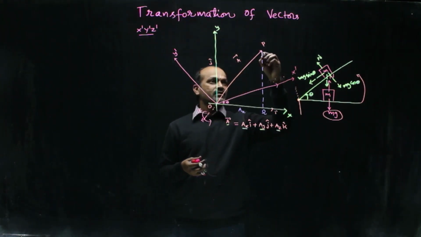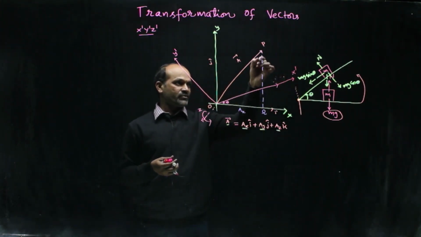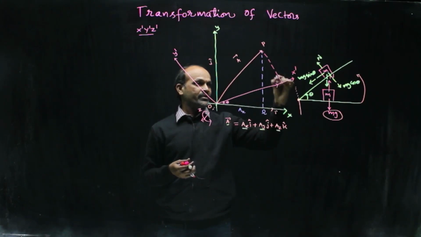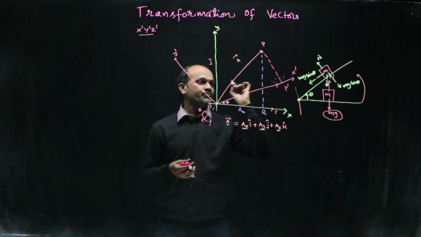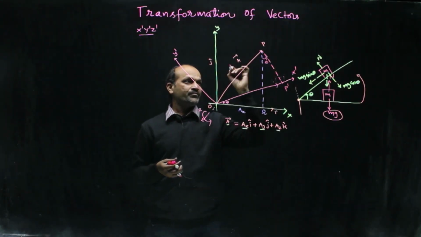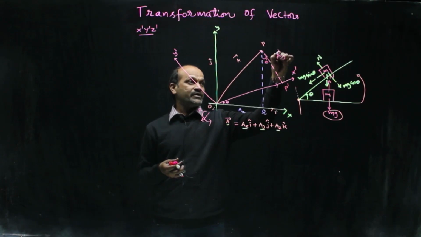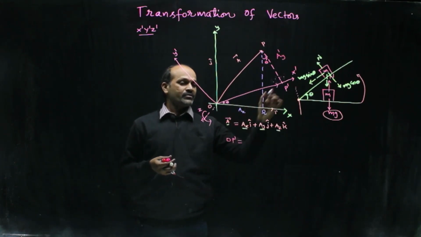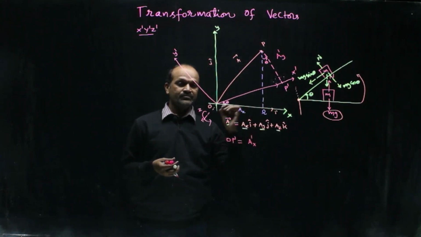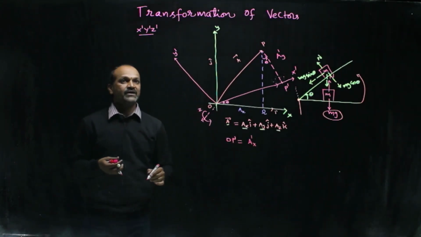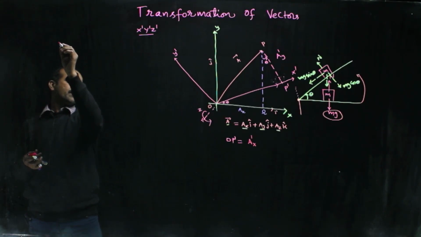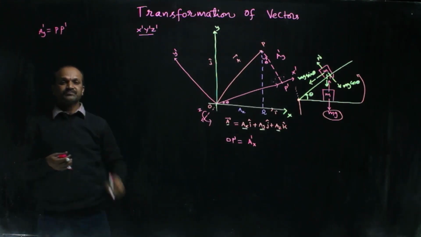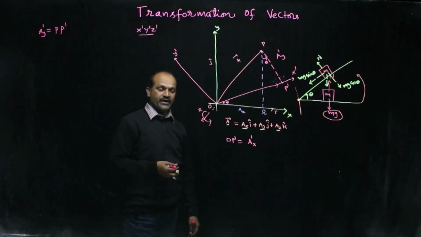Just as we dropped a normal to get Ax, we drop a normal from P onto x dash, say P dash, which makes angle theta. Then OP dash is Ax dash, and PP dash is Ay dash. First we will calculate OP dash, that is Ax dash.